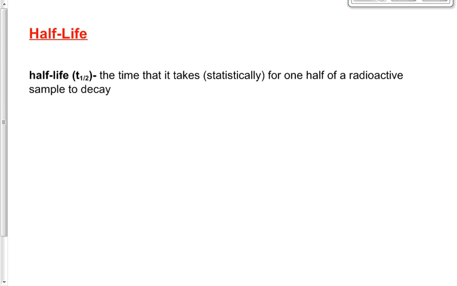If I flip a coin, say I've got 1,000 quarters sitting on the desk up here, and they're all on heads. And I flip 1,000 of them. Statistically, how many heads am I going to have left after I've flipped them all one time? 500. Now, is it possible that I could end up with something other than 500 heads after I flip them once?